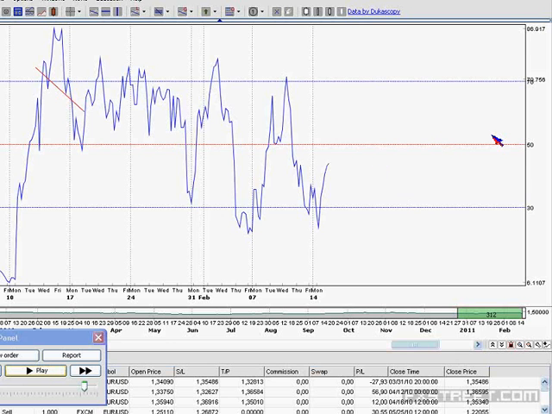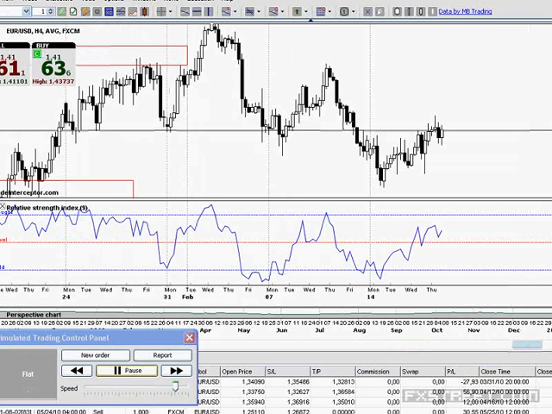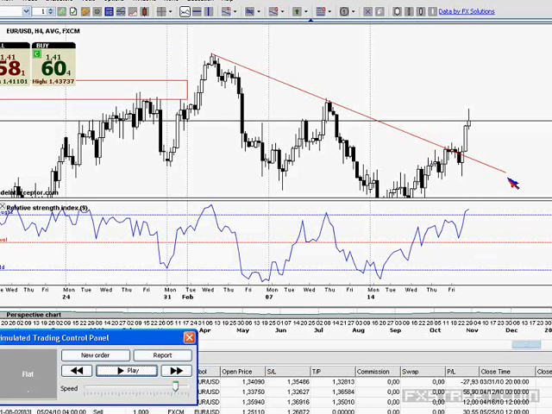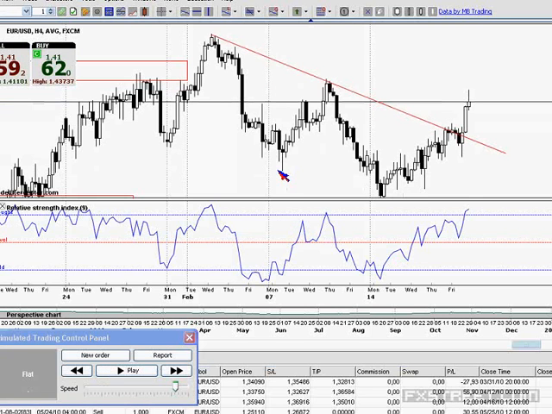Okay, I'll zoom the chart. I may want to see what happens with diagonal lines, or how prices react to it. Okay, we have here a breach of that line. For now, no pattern in the RSI.